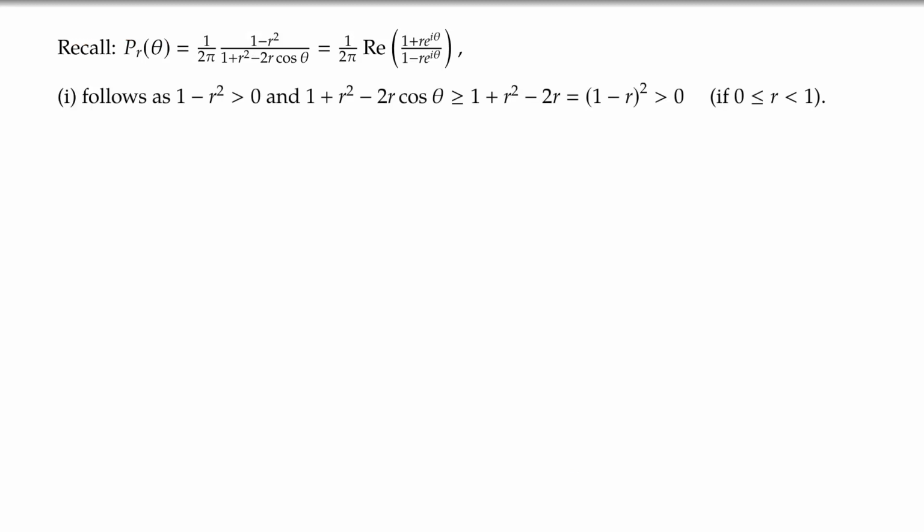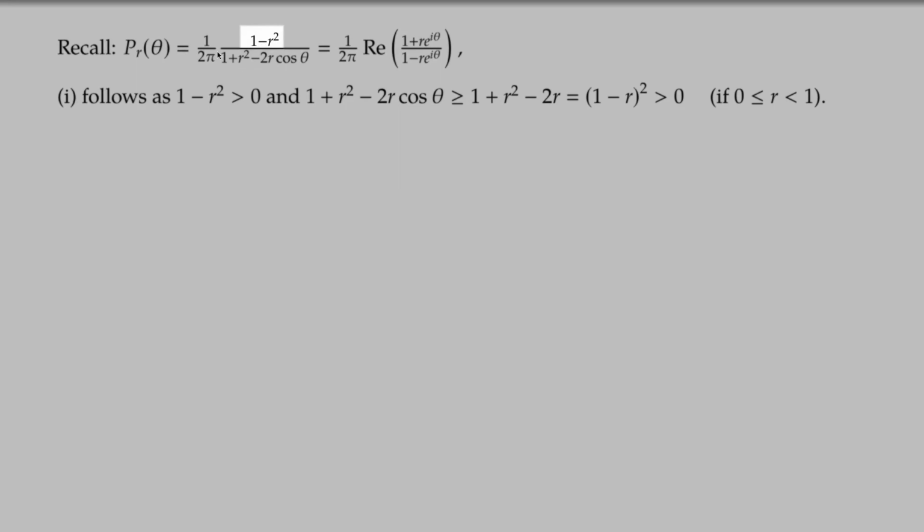So the first point in the proposition follows simply because, as long as we're in the disk, this makes sense. The numerator is positive as long as r is less than 1, and the denominator is also positive.